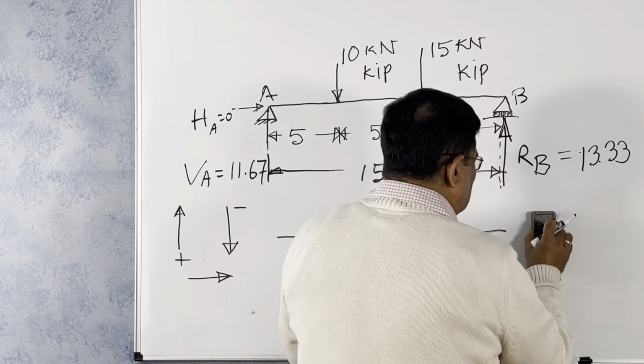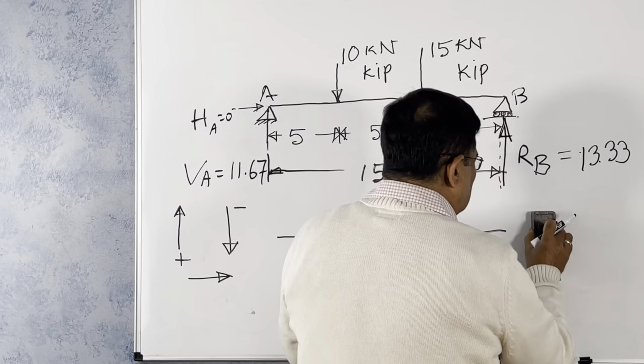Okay. Now we draw the points. From here to here, there is no force. Suddenly it goes up at this point. How much does it go up? 11.67. There is no force in between, so this value remains constant.